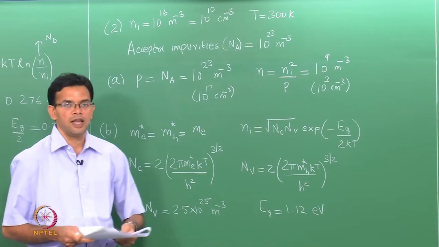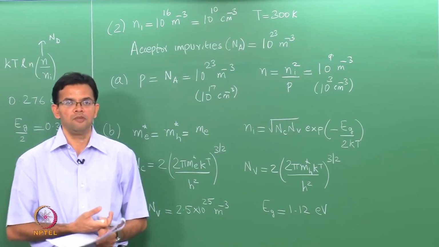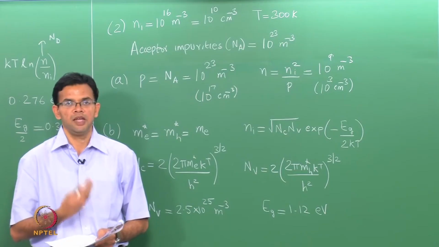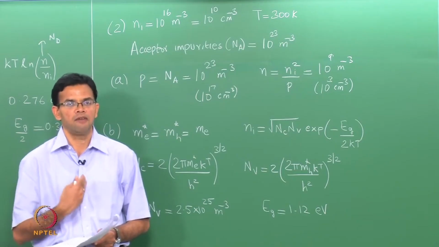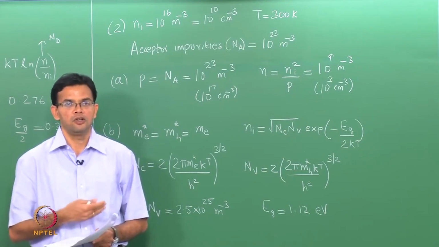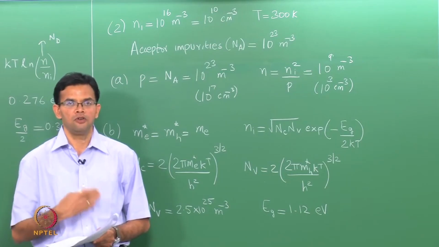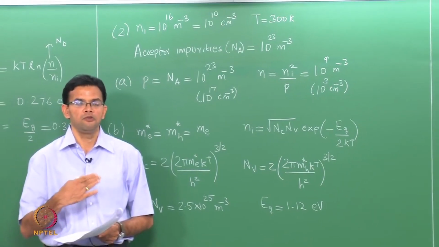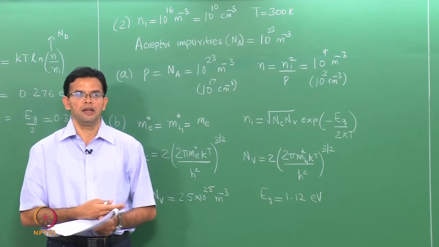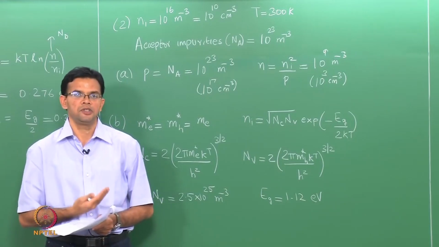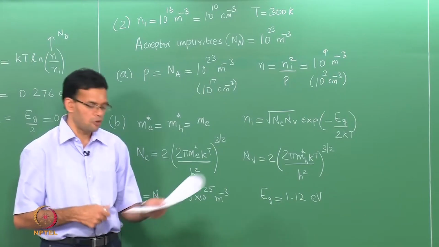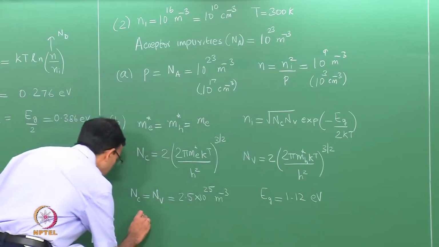So, we now have to calculate the position of the Fermi level. This is a p type material because we have acceptors rather than donors. In the case of donors, the Fermi level moves closer to the conduction band. In the case of acceptors, the Fermi level moves closer to the valence band.